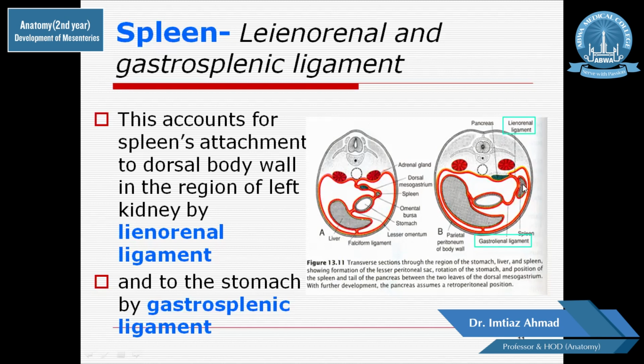The spleen's attachment to the posterior wall of the abdomen just above the kidney is through the lienorenal ligament, and to the stomach is through the gastrosplenic ligament or gastrorenal ligament. It is nothing but part of the dorsal mesentery. While the stomach rotates, it makes these two ligaments after rotation.